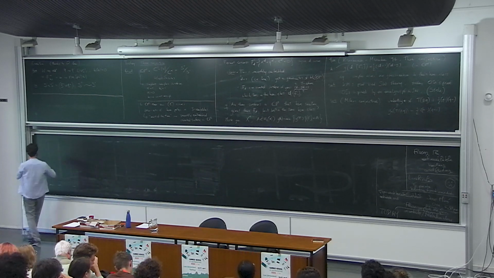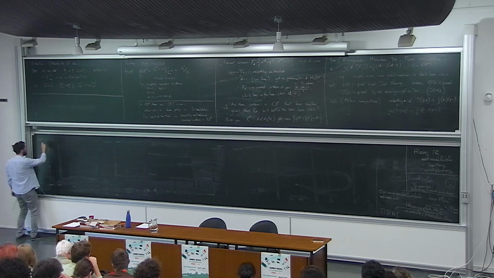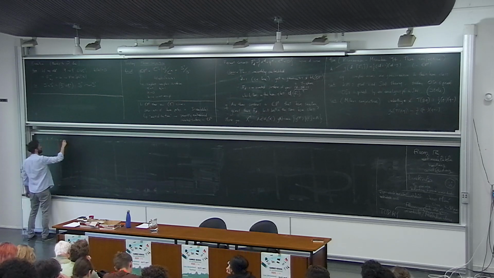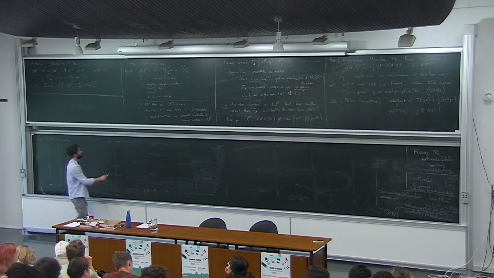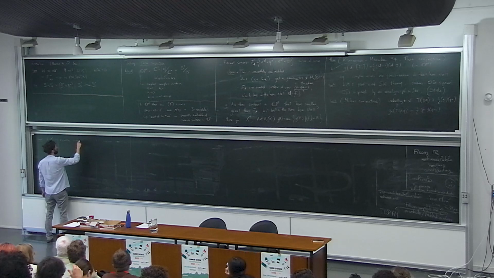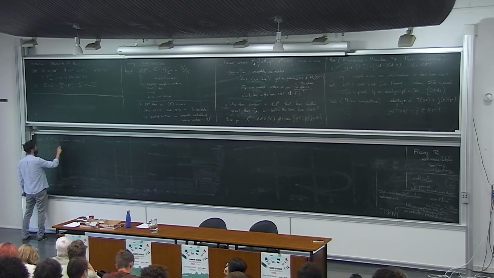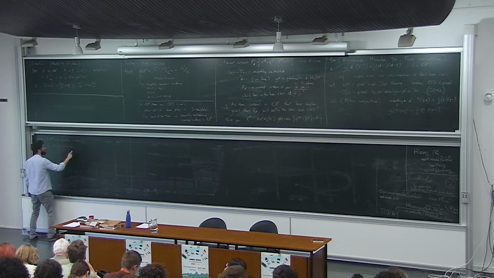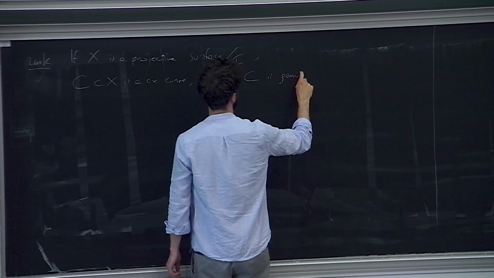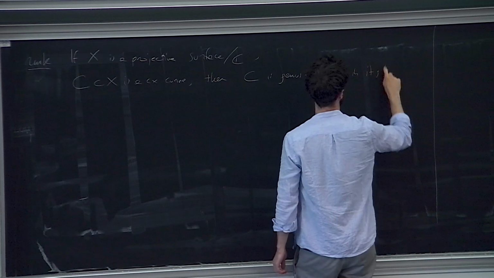So now, Gregor's question, it's a very good question. In general, if X is a projective surface, and C is a complex curve, then it's true that C is genus minimizing in its homology class.